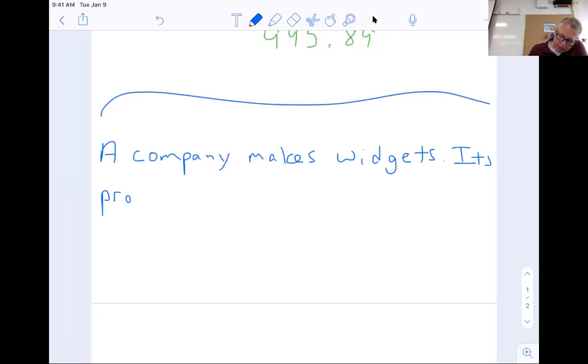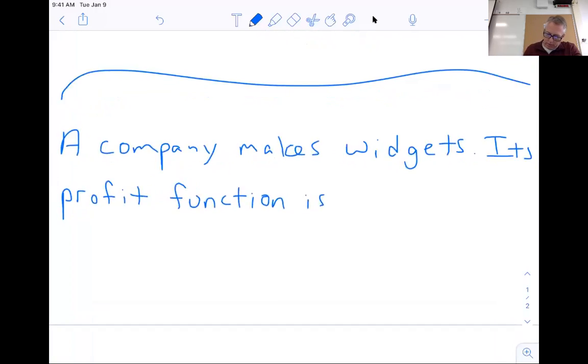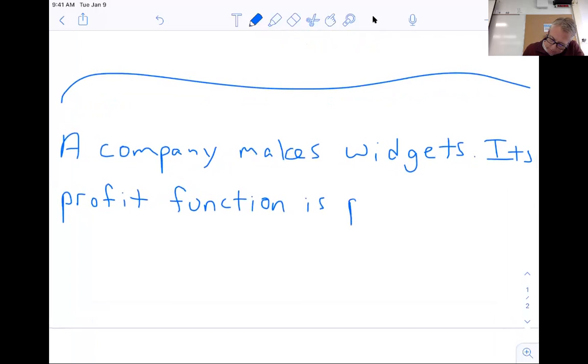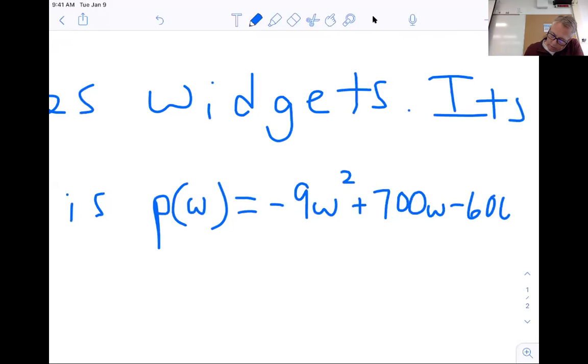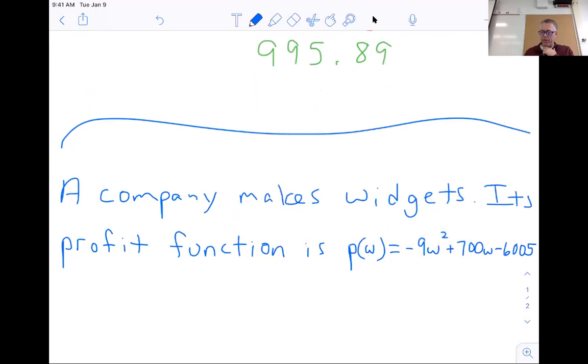Its profit function is this. P of W, meaning the profit per widgets produced. P of W is negative 9W squared plus 700W minus 6,005.